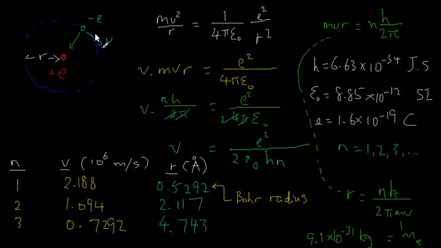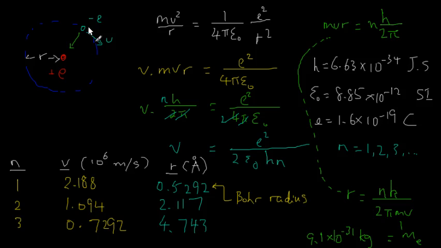Right. And therefore we need to find the energy of each orbit, and we understand from previous videos that the energy of the electron in this orbit consists of its kinetic energy and its potential energy under this attractive force.